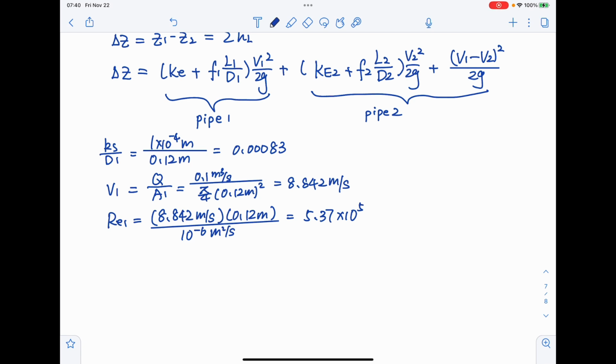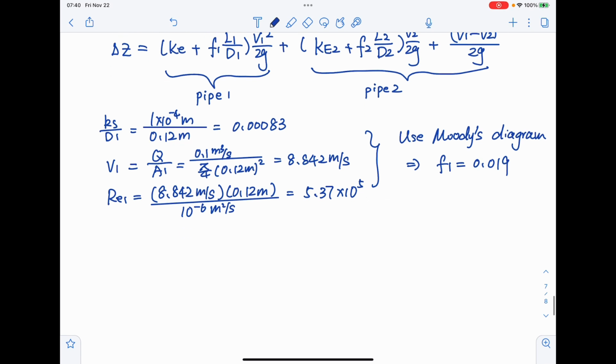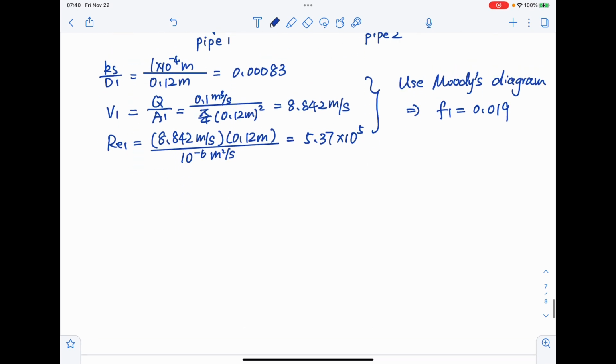So we have all this information, and we use Moody's diagram. We can find F1 equals 0.019, and we're gonna do the similar thing for the pipe 2.